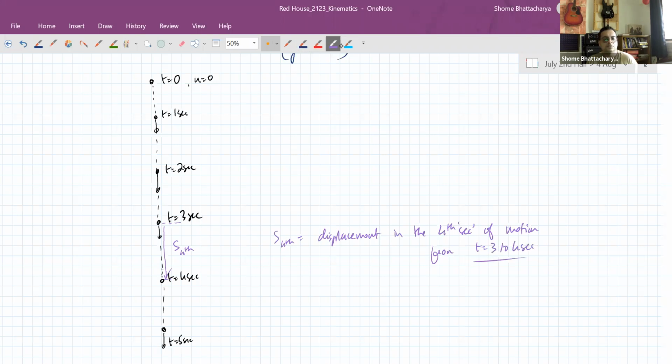And similarly, this one over here will be the displacement during the 5th second.